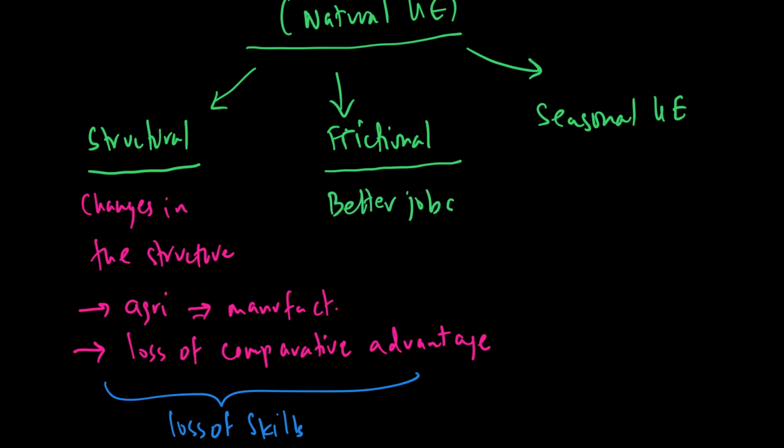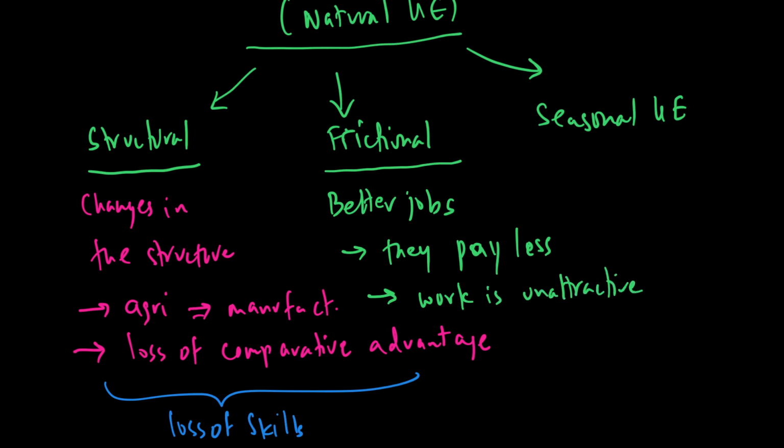So the kind of jobs at equilibrium that are available, either they pay less and that's why they are not attractive, or even if they pay less, the kind of work that they have is not enriching enough, so work is unattractive in terms of the kind of responsibilities and so on. So people are looking for better jobs, and this is unemployment that happens because people are looking for work.